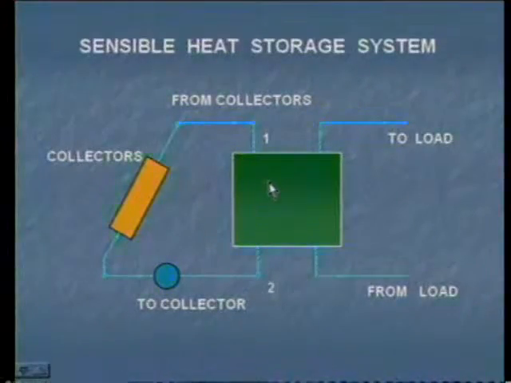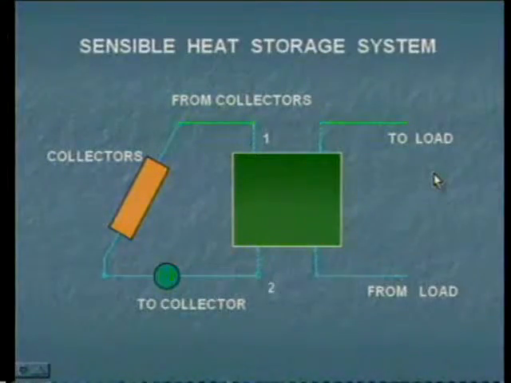So within the heat exchanger, exchange of heat takes place to this load. It may be any type of energy conversion system. It may be water heating, power generation or space heating. From the space heating, the cold liquid will enter the heat exchanger. Now this cold liquid or air will get the heat from the water which is flowing through the other passage of the heat exchanger.